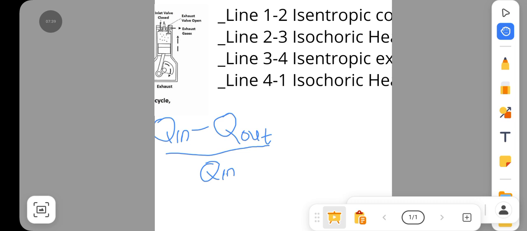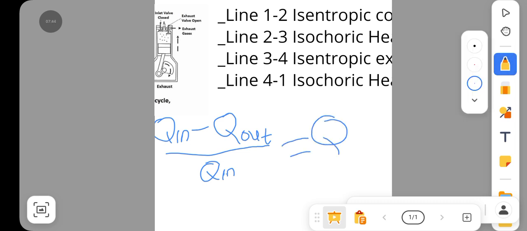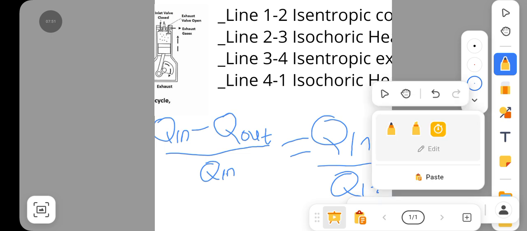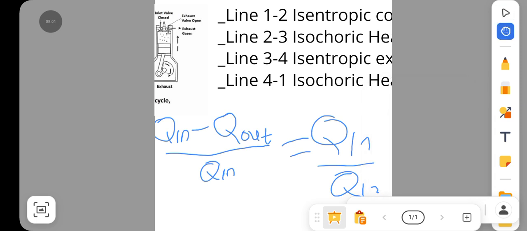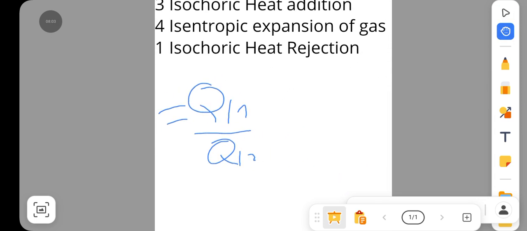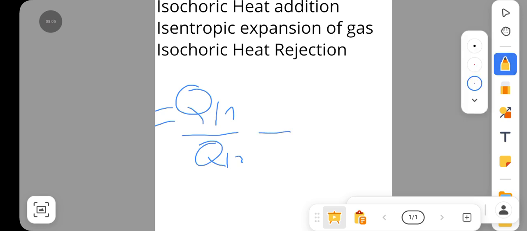We can break this down into Q in over Q in, minus Q out over Q in.